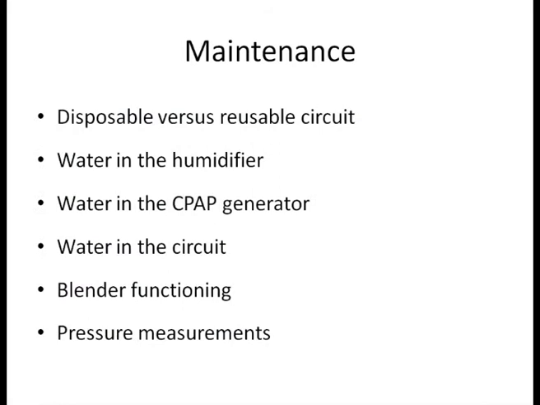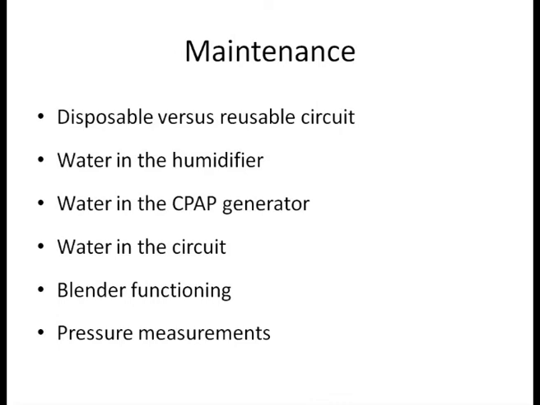Coming to the maintenance of the CPAP machine, comparing reusable to disposable circuit, it is always preferable to use a disposable circuit, as this would decrease the chances of infections. There are 3 waters one should remember when you are using a bubble CPAP machine. Use sterile distilled water for the humidifier, and use a mechanism by which the humidifier can be auto-filled.